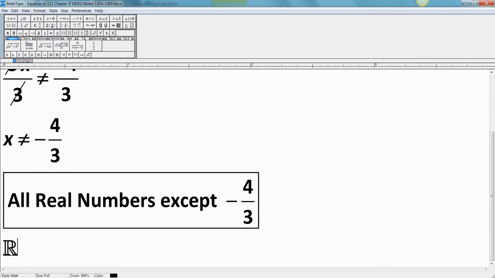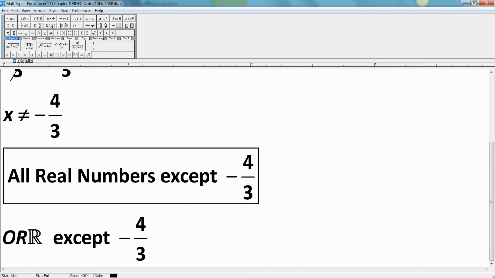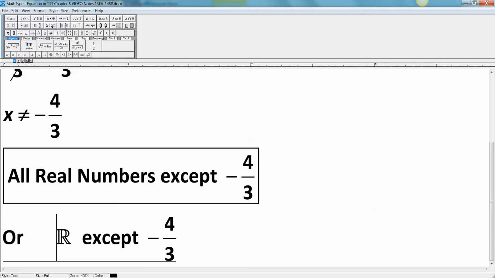It's like an R with an extra bar on the left is how you write it when you write it by hand, except negative 4/3. There we go. Done with that one.